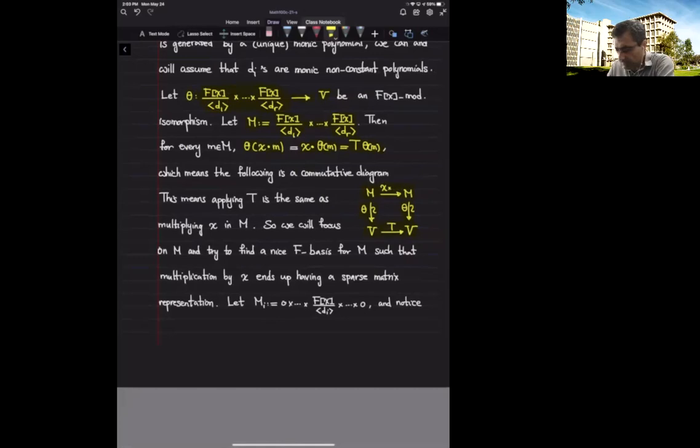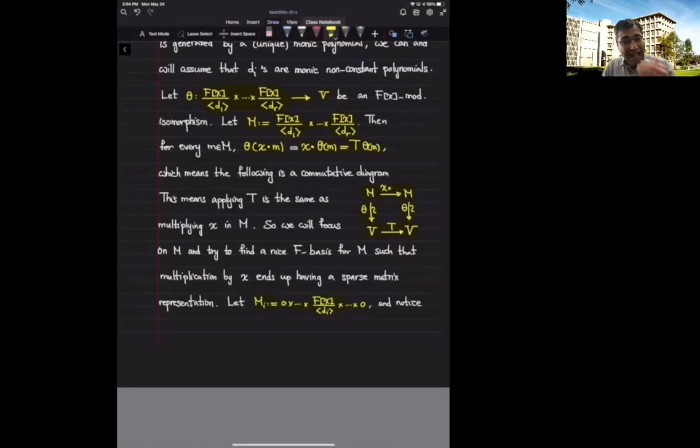So let's call the ith factor M sub i. Because I want to think about it as a submodule of M, I include 0 components in the other factors. I put 0 components everywhere except the ith factor, and there I allow the entire factor, and call that M sub i.